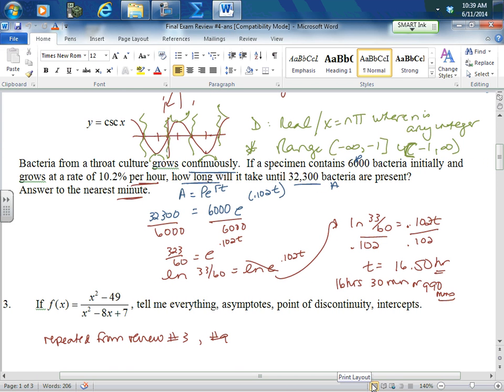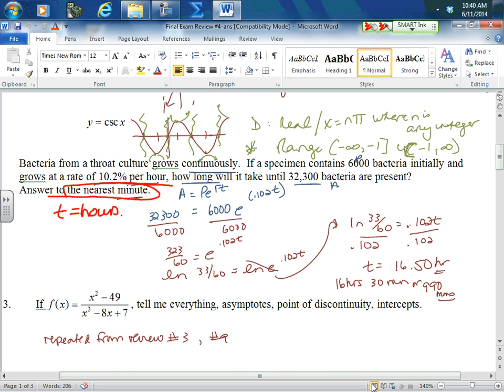Bacteria growing continuously is PERT. I will give you that formula for PERT. Every time you see continuously, it's a PERT formula. So plug it in. If you start with 6,000 initially, that's your P. Be careful of your rate per hour. Your time has to be in hours, but your answer is to the nearest minute.